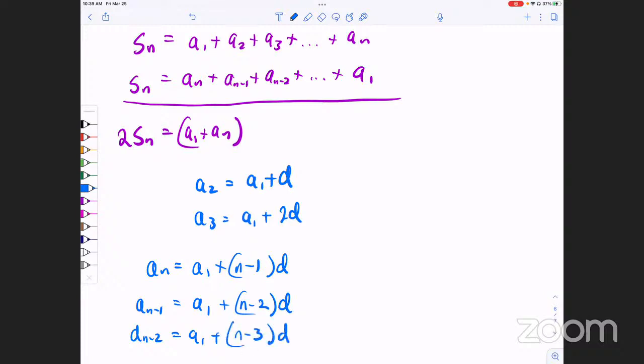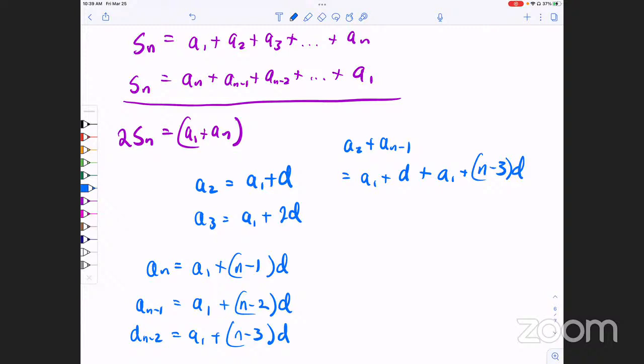I basically just plugged all these into the general form. So if we consider a2 plus an minus 1, if we take what we have on the left and apply it to what's on the right, we're going to have a1 plus d plus a1 plus n minus 3 times d.